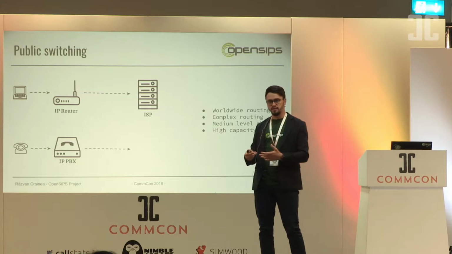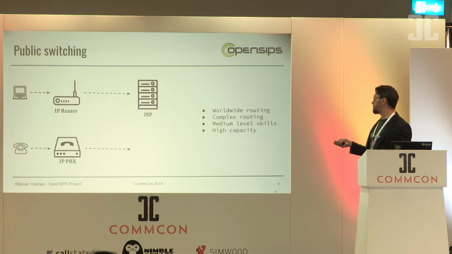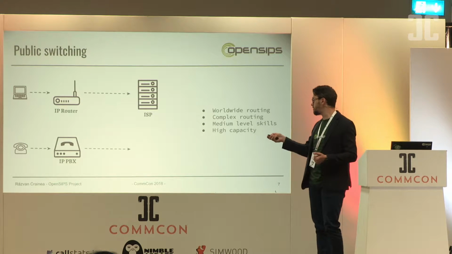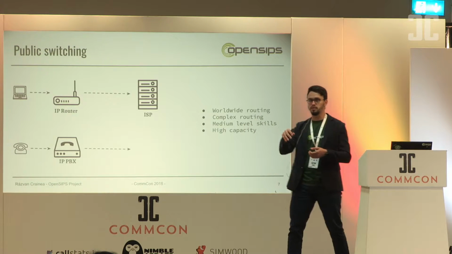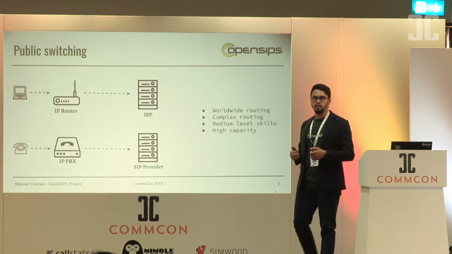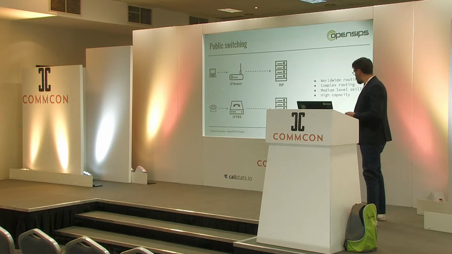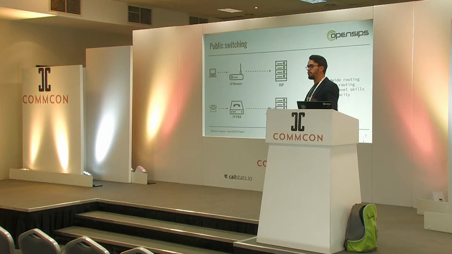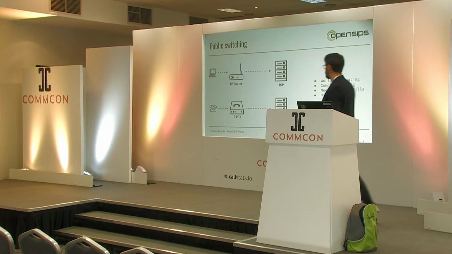It doesn't offer too many services except routing, but it has a lot of capacity because it has to interconnect all these local areas, houses, and sites. In the VoIP world, this is the equivalent of a SIP provider, and I've seen a couple of SIP providers here. Basically, they have a pool of customers that connect to them, and through them customers can reach all the other components.